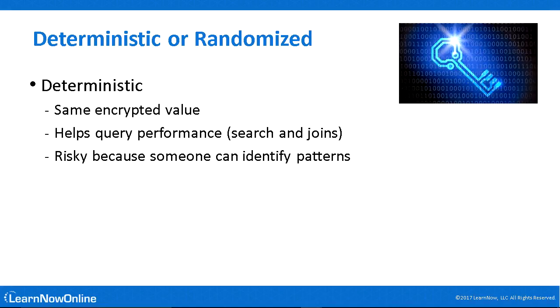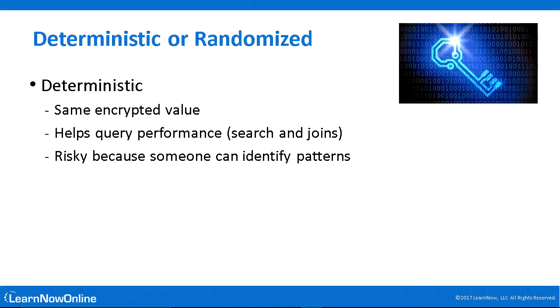With Always Encrypted in SQL Server 2016, the column will need to be determined if you use randomized or deterministic type column encryption. The database engine never operates on plain text data stored in the encrypted column, but it still supports some queries on encrypted data, depending on the encryption type for the column.